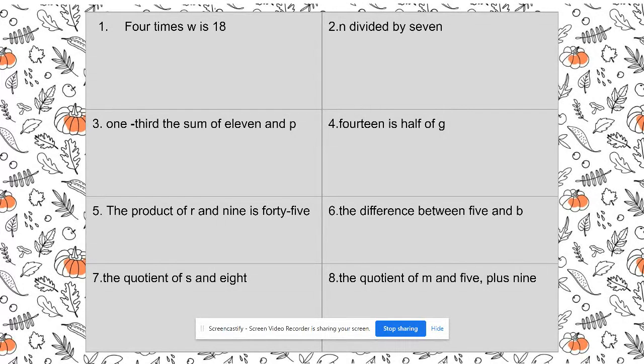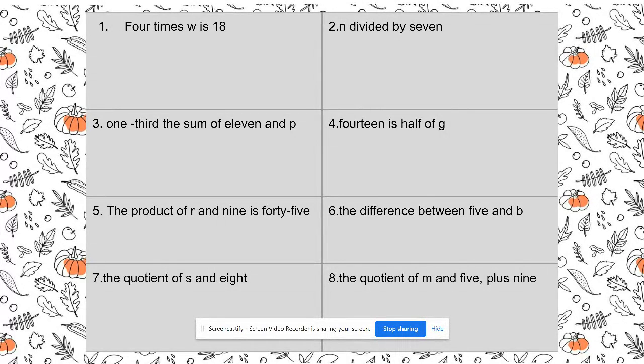So how would I write that? S divided by 8. All right, the quotient of M and 5. So quotient means M divided by 5 plus 9. You just write it how it's written.